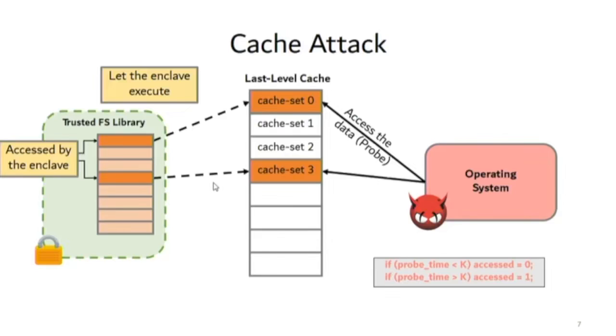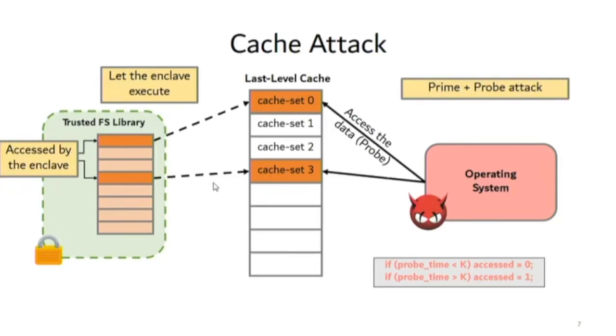Based on this information, this is a very possible attack that people have shown, because there is a huge difference between the probe times of evicted and non-evicted data, which you can measure using RDTSC or whatever clock cycle or performance measuring counters. This is traditionally called the prime plus probe attack.